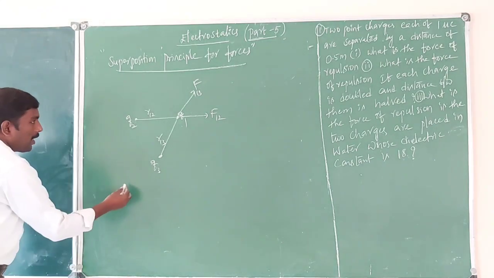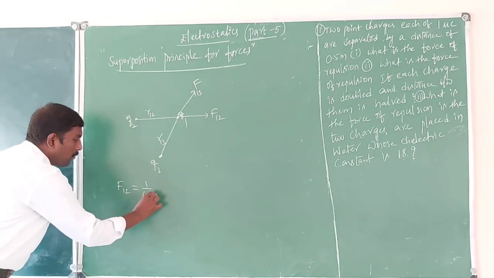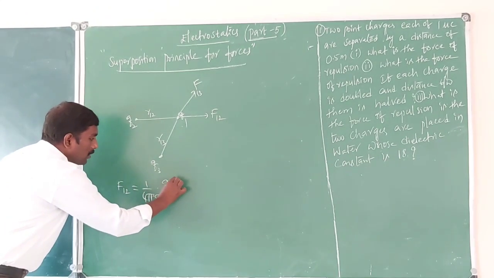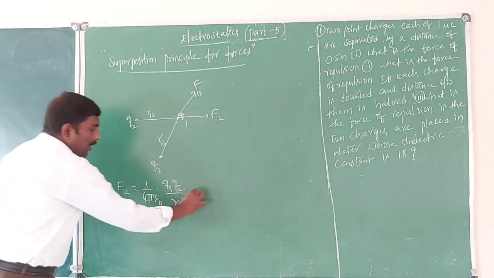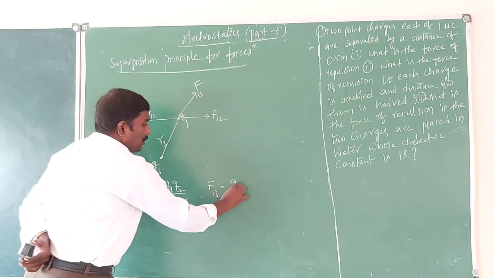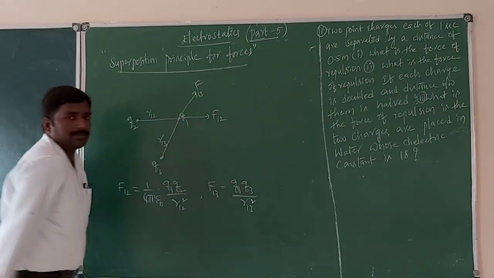Then from Coulomb's law, F12 is equal to 1 over 4 pi epsilon naught Q1 Q2 by R12 square. Similarly, F13 is equal to Q1 Q3 by R13 square.